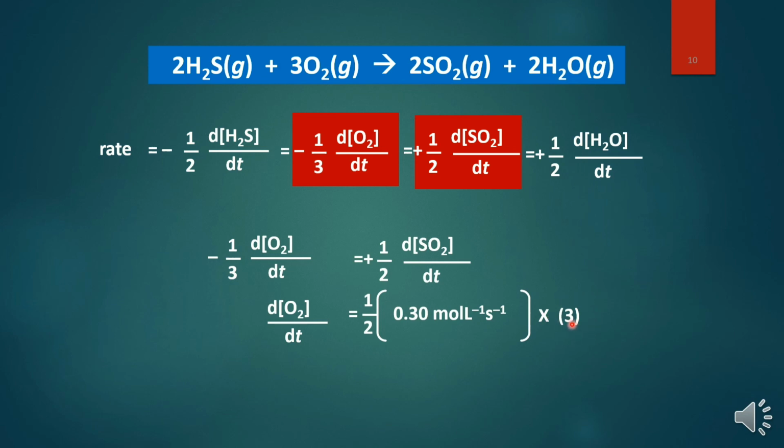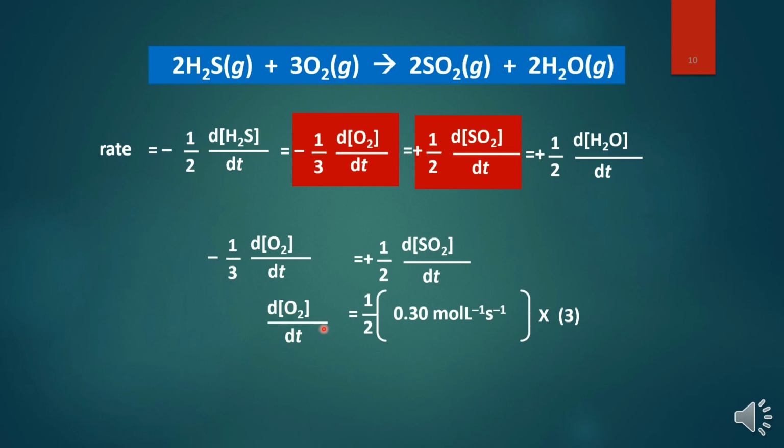The 3 here comes when you rearrange the 1 over 3 fraction. When you move 1 over 3 to the right side, it becomes multiplied by 3.